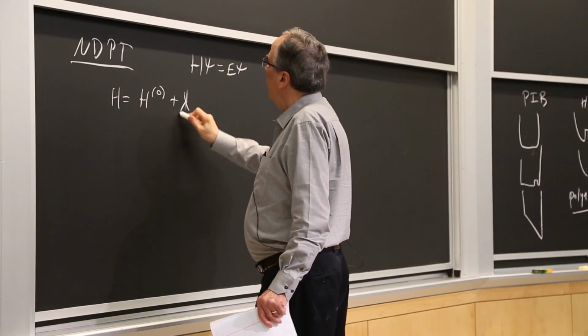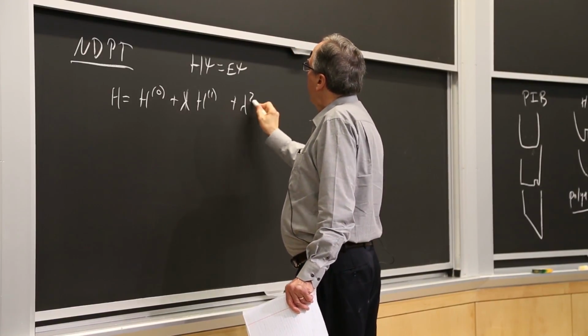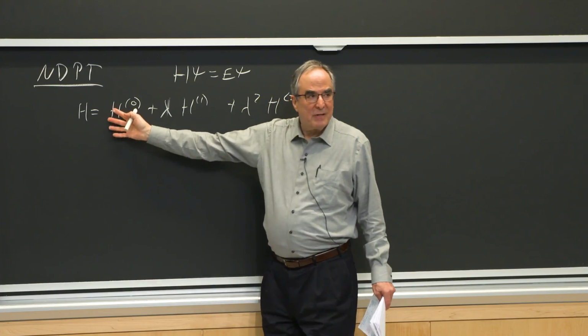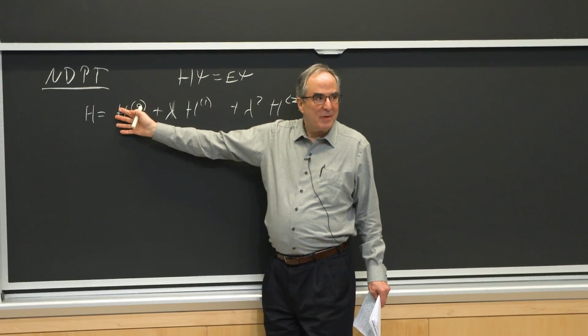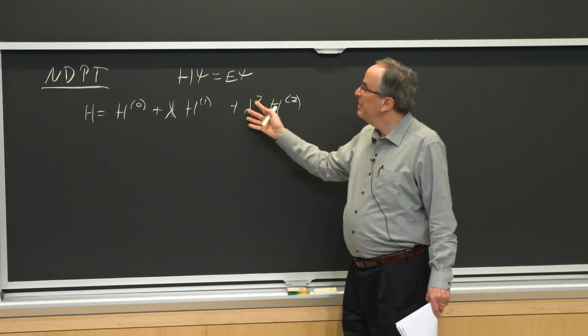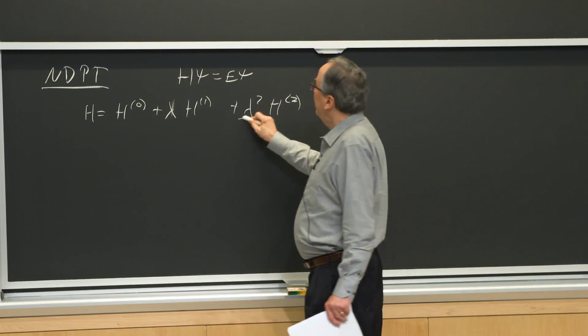And let's put a little thing here. Okay, this is our friend. This is an exactly solved problem. This is what's new. And this is what's new and small. And we could probably neglect it.